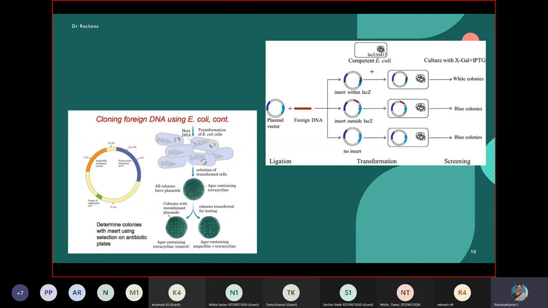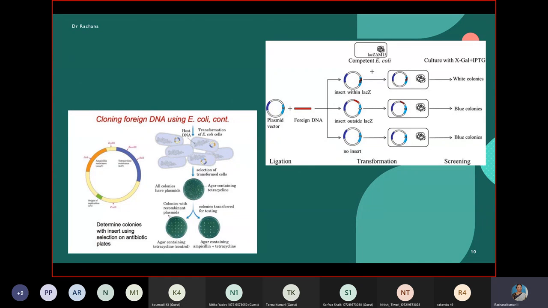How do we distinguish between the host cells, which of the host cells are said to be having a cloned vector molecule? In other words, which of the host cells have the inserted foreign DNA in the vector incorporated into the bacterial cell?